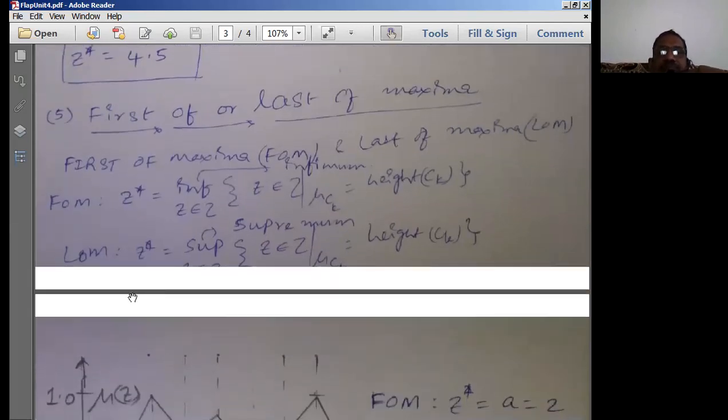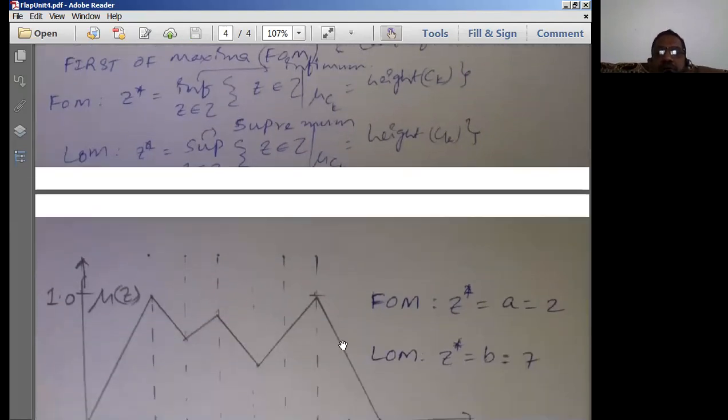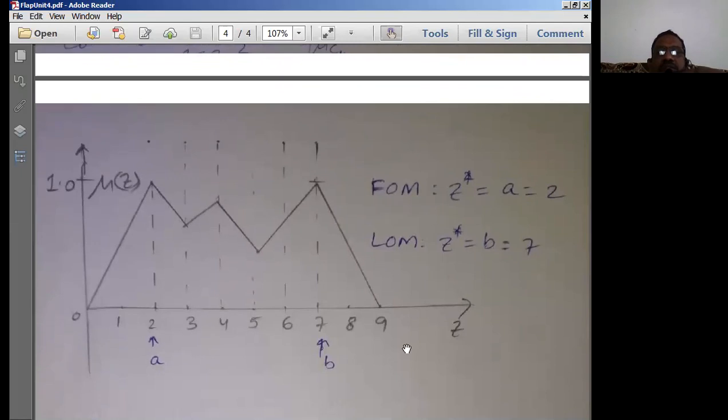Similarly, last of maxima is the supremum value, which is also based on the height of the function. Let us think about this function given to us.